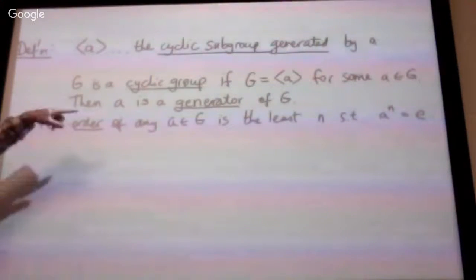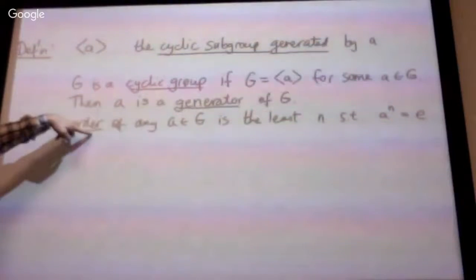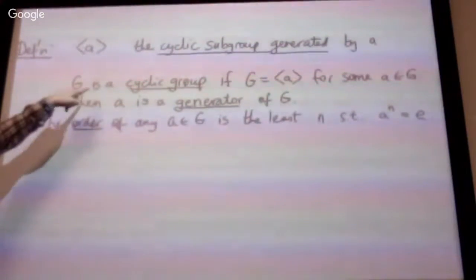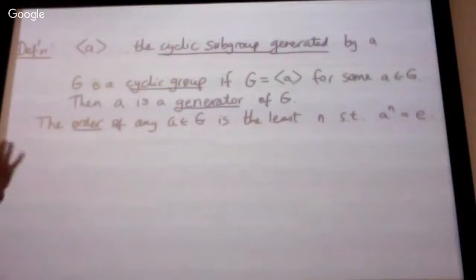So if you take a generator of G, its order is the same as the order of G, because it generates the whole group. Okay, examples.